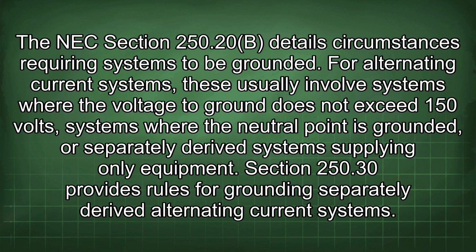The NEC Section 250.20(B) details circumstances requiring systems to be grounded. For alternating current systems, these usually involve systems where the voltage to ground does not exceed 150 volts, systems where the neutral point is grounded, or separately derived systems supplying only equipment. Section 250.30 provides rules for grounding separately derived alternating current systems.